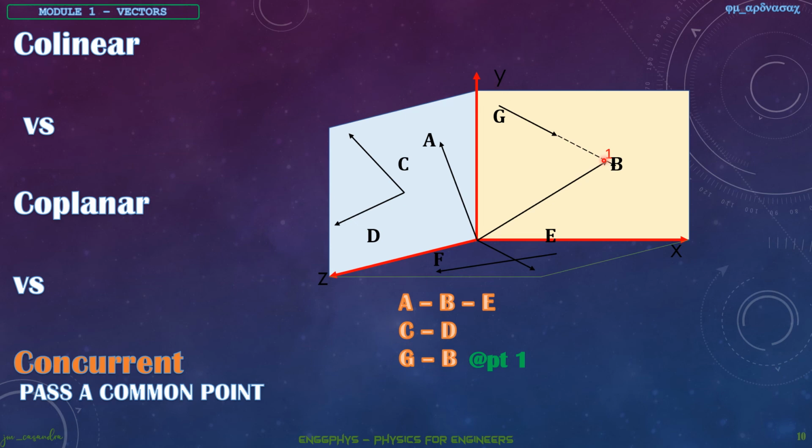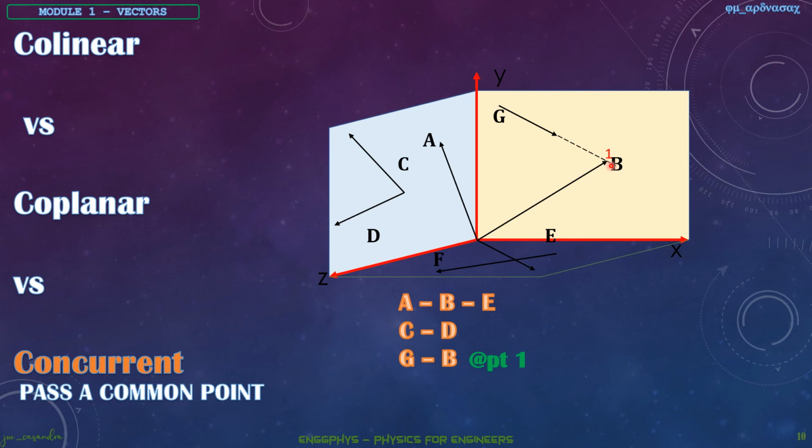So meaning, vectors B and G are concurrent at point 1, or the point of concurrence is point 1. Okay? So, if hindi sila nag-intersect, they will not be considered as concurrent.